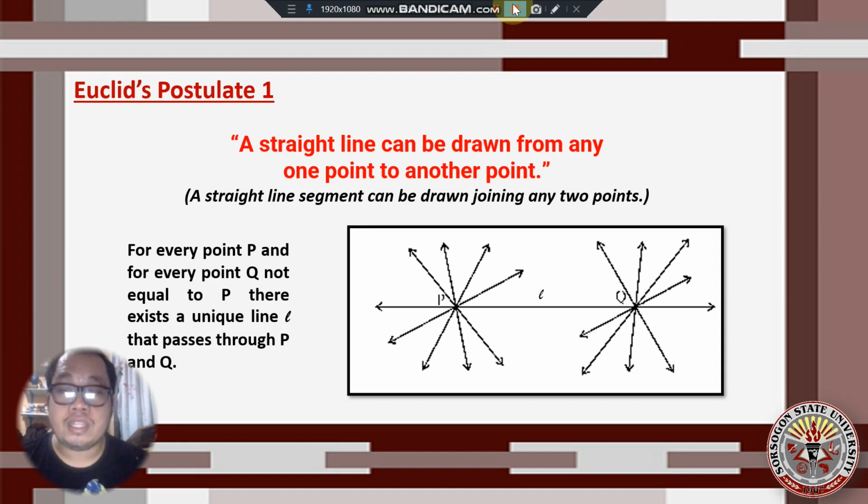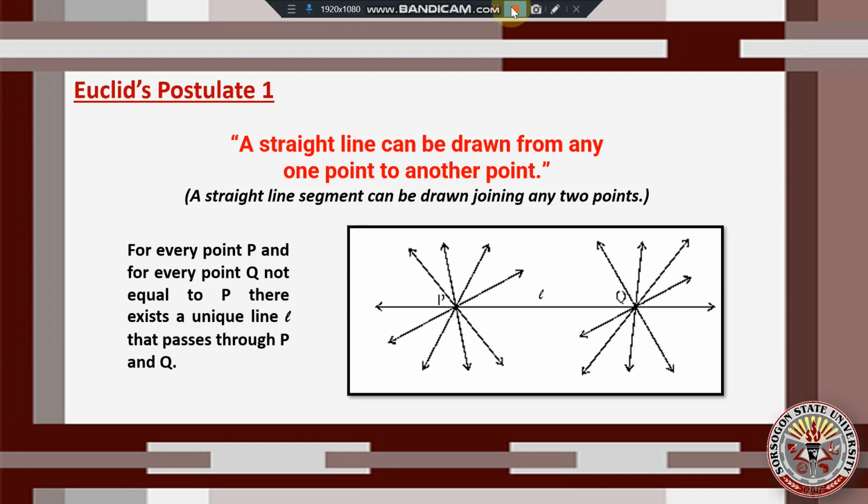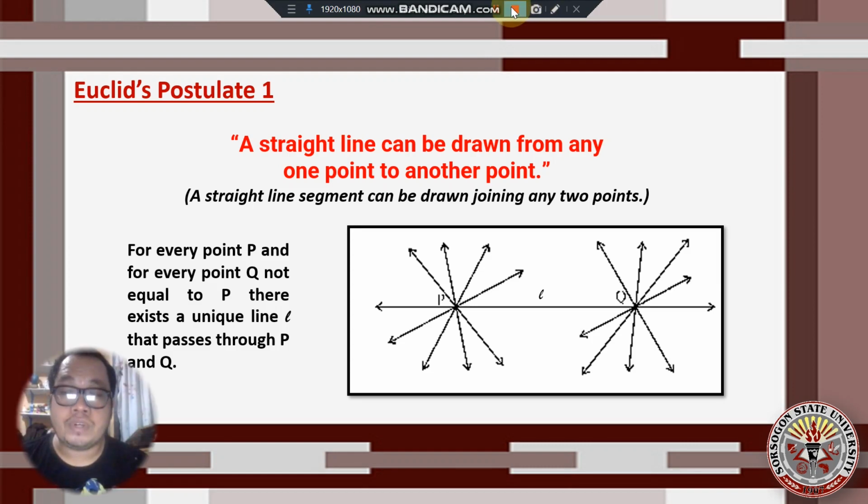As illustrated, for every point P and for every point Q not equal to P, there exists a unique line L that passes through P and Q. So the first postulate implies that 2 points determine a line.